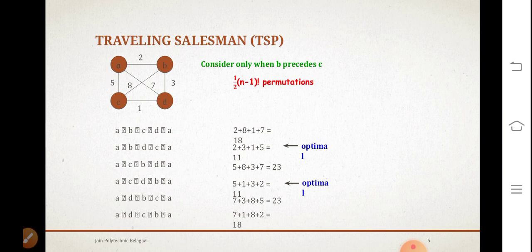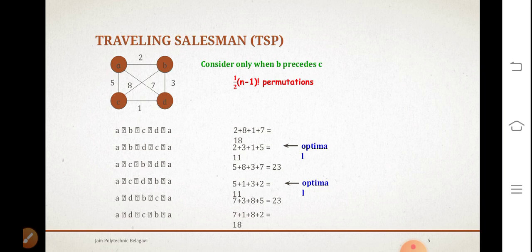Then the next paths give us 11, then 23, then 11, then 23 and 18. Among these, 11 is the shortest, the least, that is the optimal.